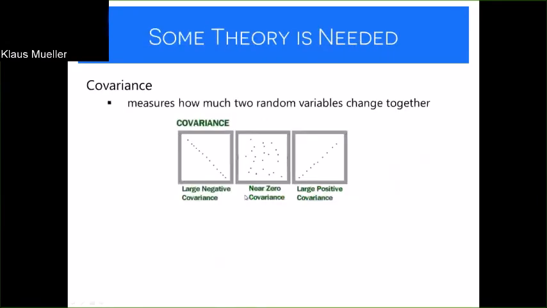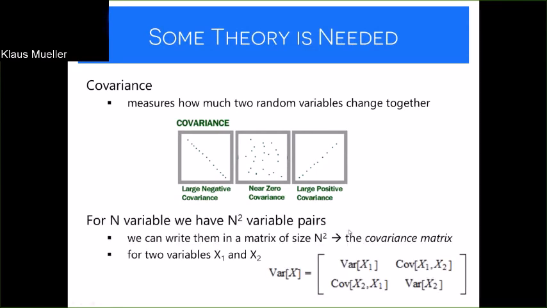So eventually you want to find out the covariance. You're going to find out whether it is negative covariance, low covariance, positive covariance, or correlation, same thing, right? For n variables, you have n squared variable pairs. You're going to make a covariance matrix that measures, for each variable pair, how big the covariance is and puts it here.